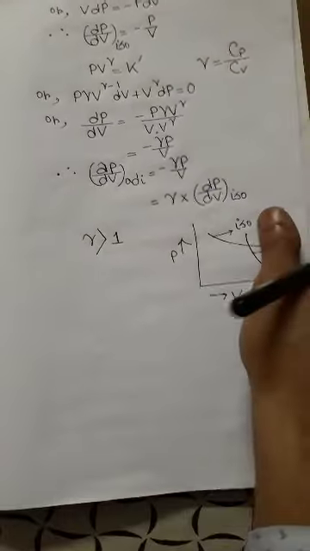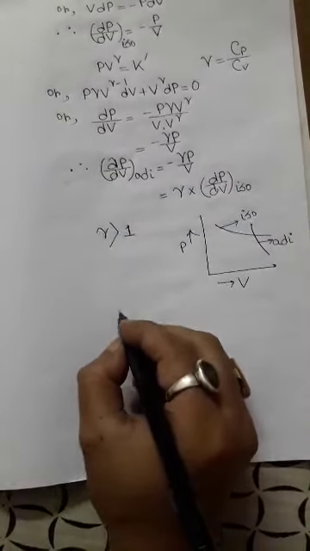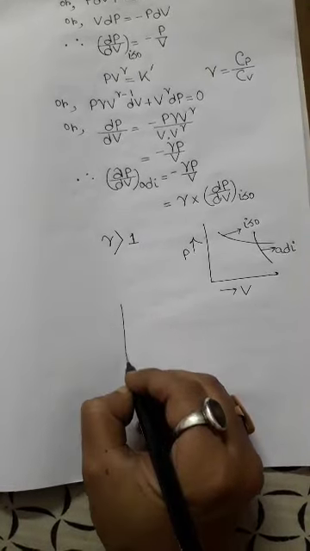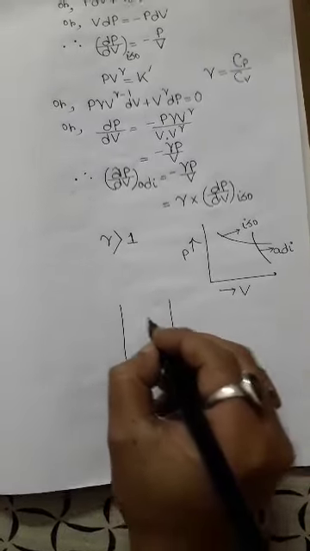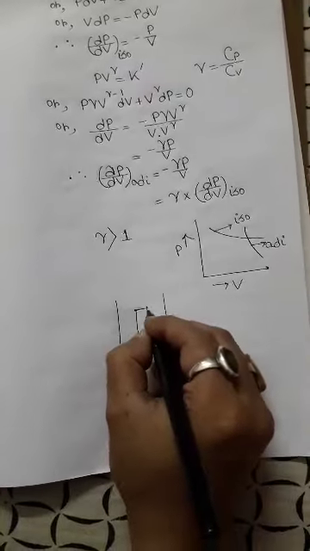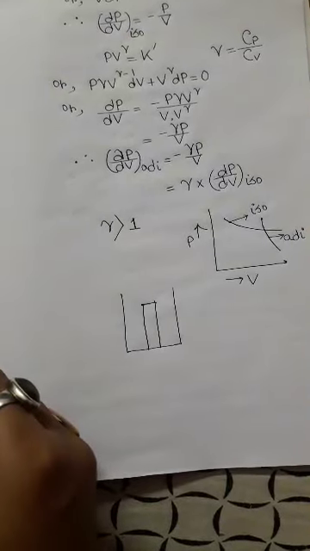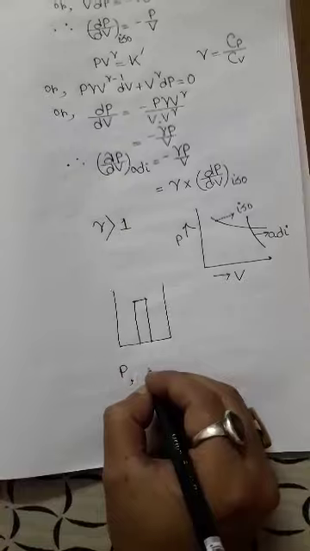Suppose we consider a perfect gas in a frictionless cylinder. The pressure of the gas is P and the area of the piston is alpha.